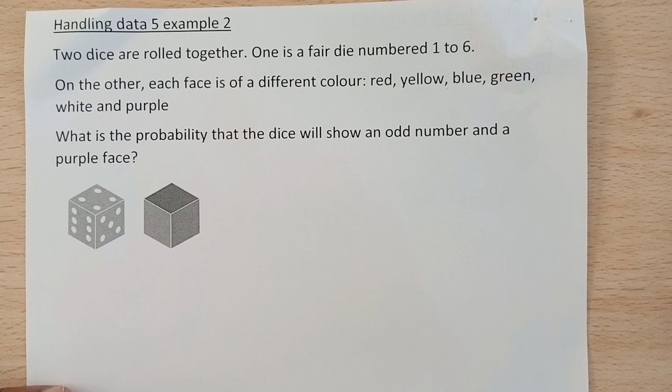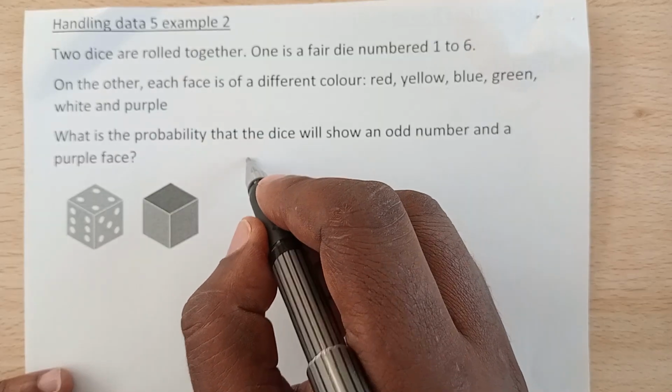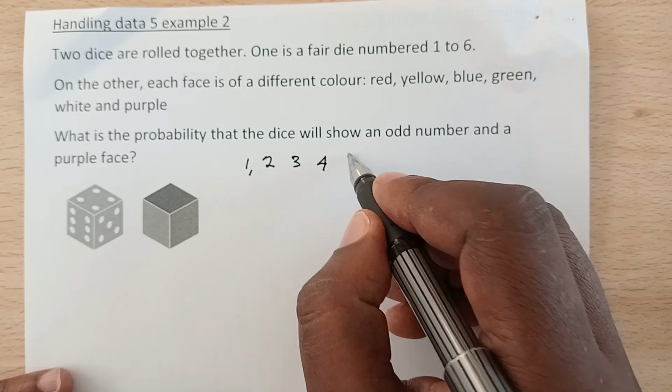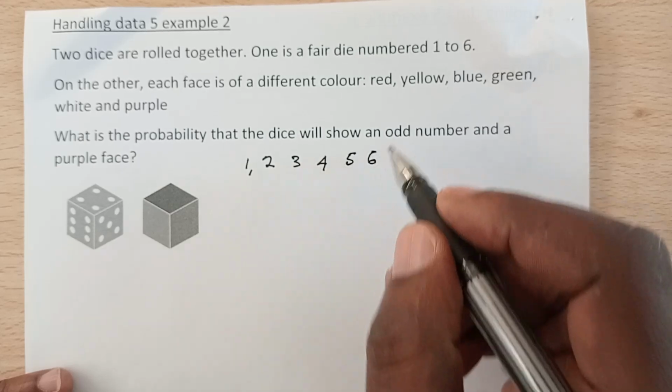We have to realize that here we are dealing with two items. Item 1 is having numbers and item 2 is having colors. Numbers 1 to 6, and I would want to write them here: 1, 2, 3, 4, 5, 6.